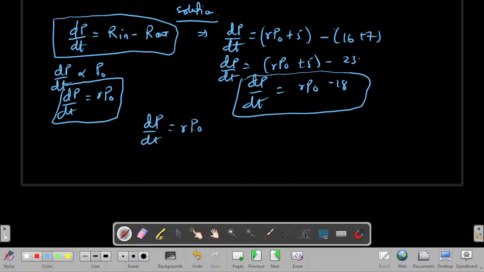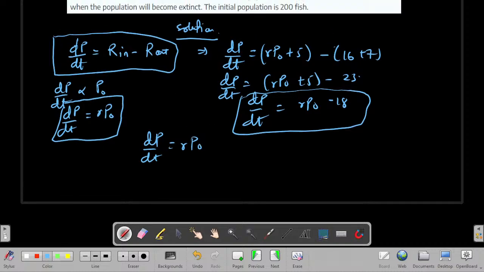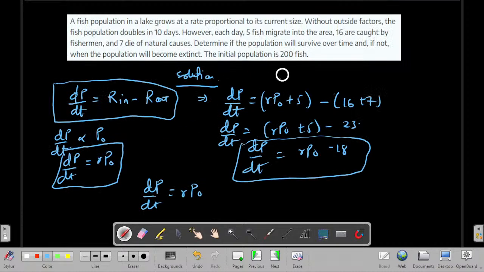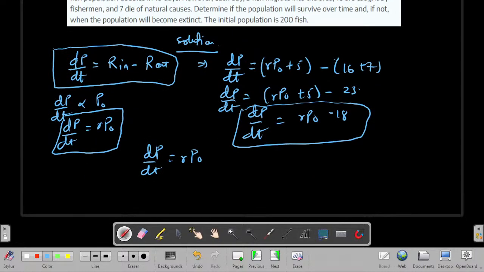The condition is that it doubles after every 10 days. They told us that the initial fish is 200, meaning that after t equals 10 days, I'll have my fish population equal to 400. And at t equals 0, my fish population is equal to 200.